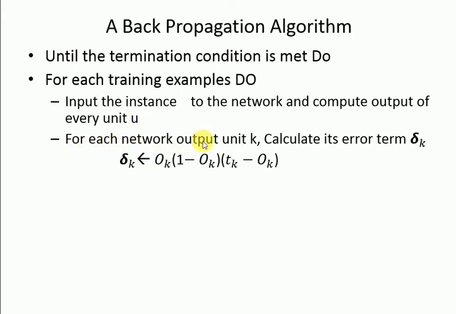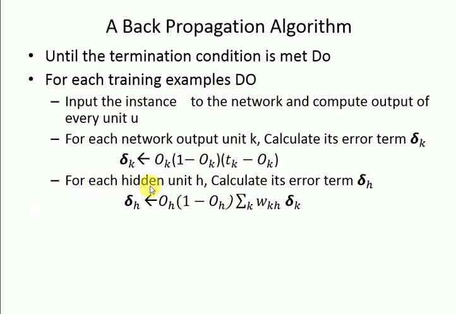For each network output unit k, calculate its error term delta k. That is equal to Ok into 1 minus Ok into Tk minus Ok, where Ok is the output we have got, and Tk is the expected output.